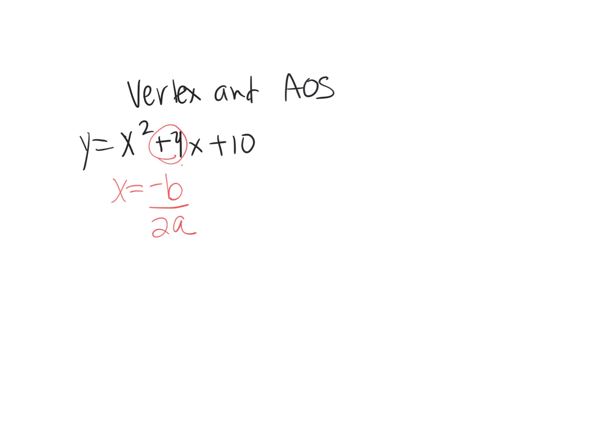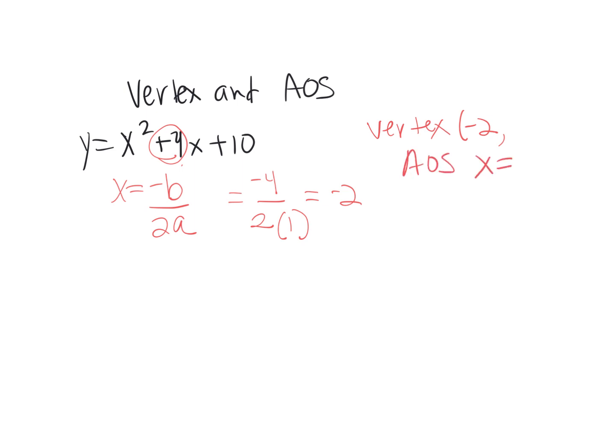So my b is 4, the opposite of b is negative 4, divided by 2 times 1, because that's 2 times a. And so that's going to give me that the x coordinate of the vertex is negative 2. I also know that the axis of symmetry then is the vertical line x equals negative 2.